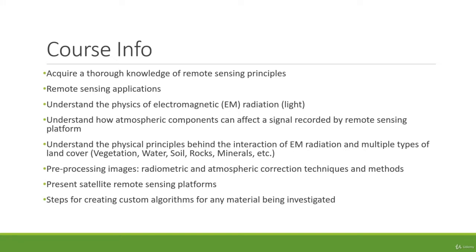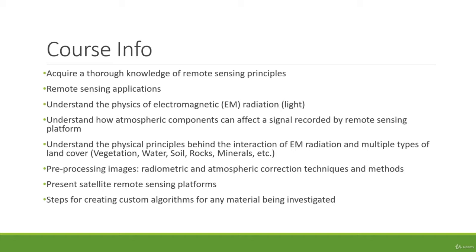These are the main principles that I want you to take away from this course, and by the end you should feel comfortable knowing the basic fundamental principles of remote sensing and being able to apply them to real-world scenarios. In the next lecture we're actually going to look at a bunch of different remote sensing applications ranging from environmental, agricultural, and geological.